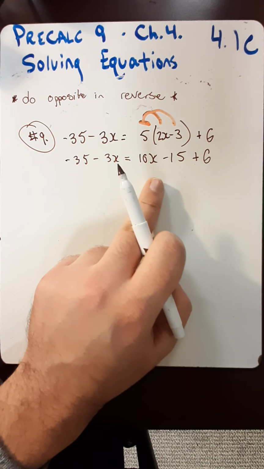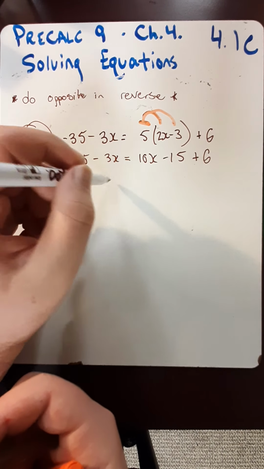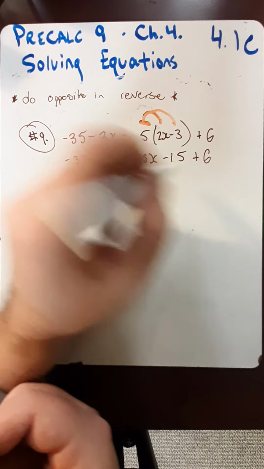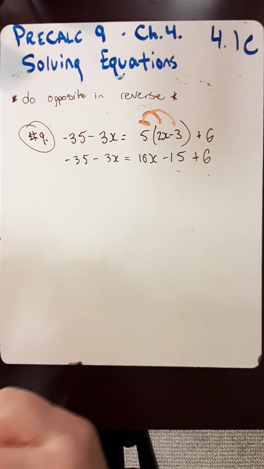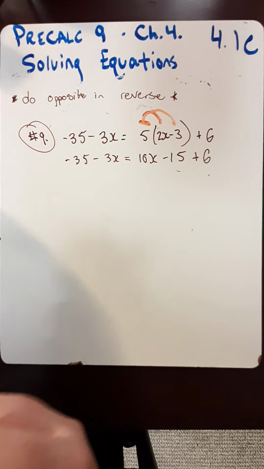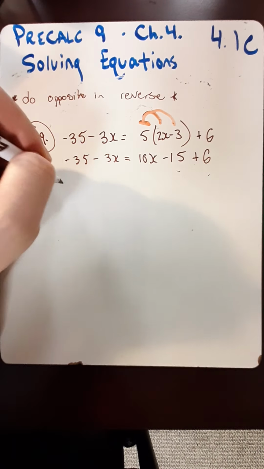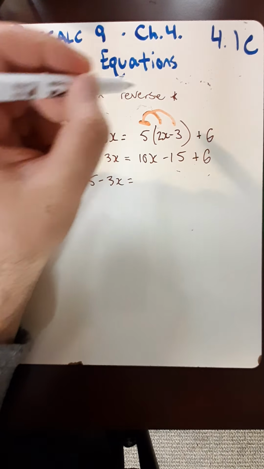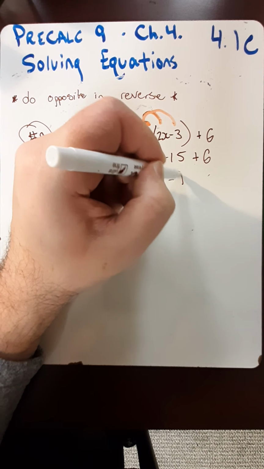Now we'll collect like terms, just like in previous questions. I see nothing to collect there, and on this side there's nothing really to collect. Oh wait, 15 and 6. We could combine that. If we're at minus 15 and then we go up by 6, we would have minus 9.